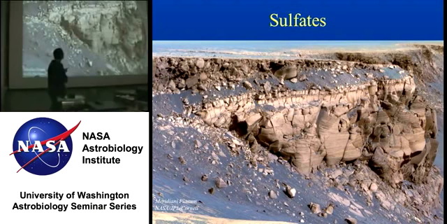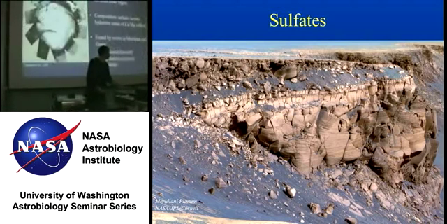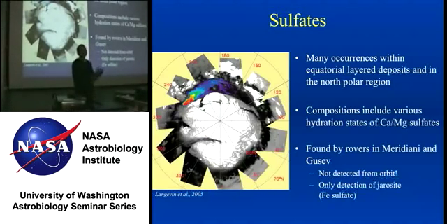But essentially, we see lots and lots of sulfates in places like Meridiani. And there are many occurrences within equatorial layered deposits throughout the Valles Marineris region of Mars, throughout the Meridiani region. Essentially, they occur widespread, even if they're isolated, throughout equatorial Mars, with one exception of this really strong deposit that they found right next to the North Polar Cap.